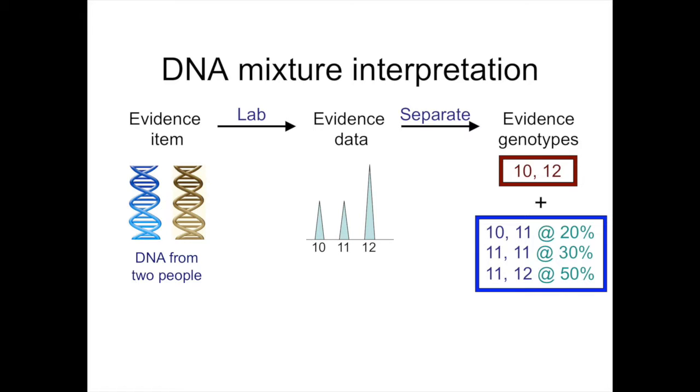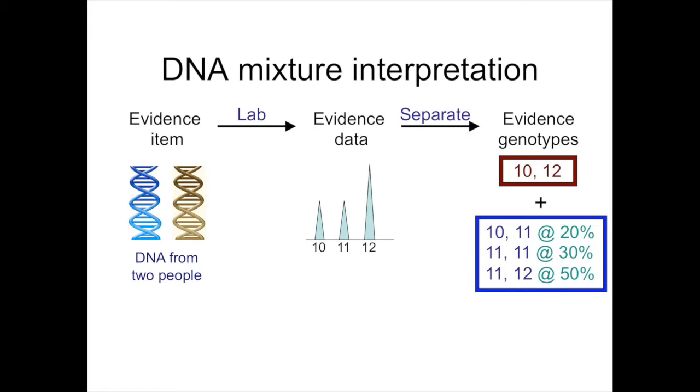And now the task is to separate out from the data what are the genetic types at this locus for the two contributors. Assume we know that the first person has a 10-12, that's indicated in brown on the slide. Then the question is, what's the second genotype?